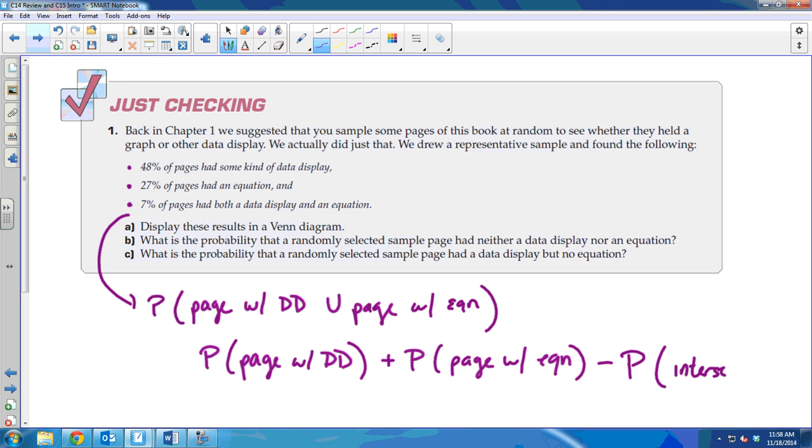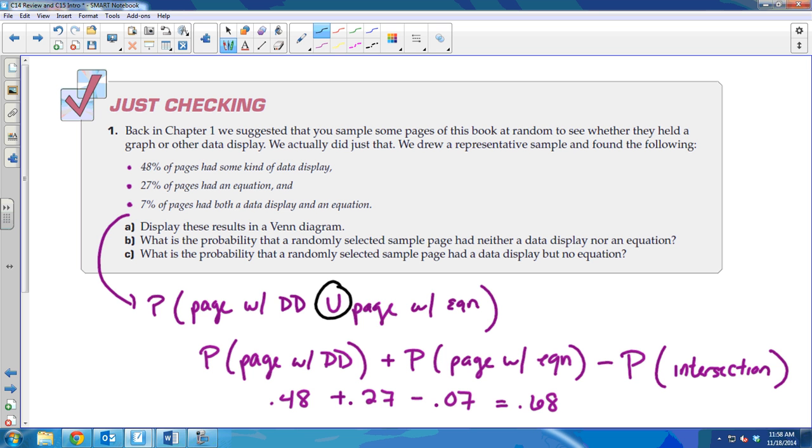I'm just going to say intersection. We all know what that means. So I'm going to have 0.48 plus 0.27 minus 0.07. And that ends up being 0.68 or 68%. Everyone go with that? So that is one way you would use the general addition rule. You use it for OR questions. Okay?